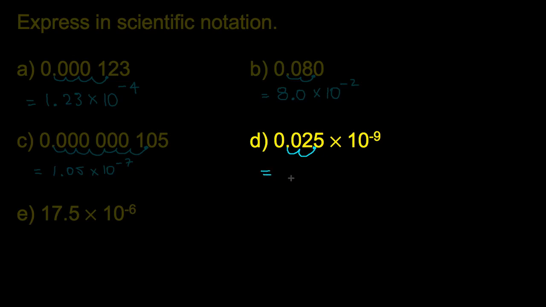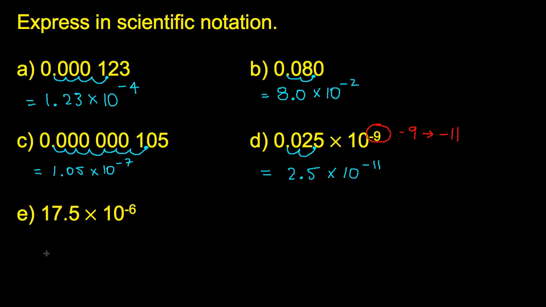And so what we have to do is write our 2.5, and we look at this exponent right here. This exponent is already negative 9. Well, because we moved that decimal place 2 places to the right, we must drop it 2 more units. So it needs to move to be negative 11. And so this is 2.5 times 10 to the negative 11.